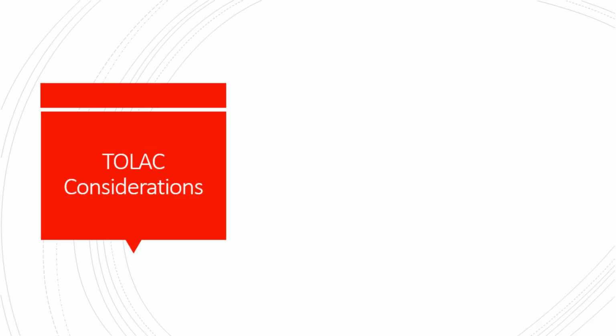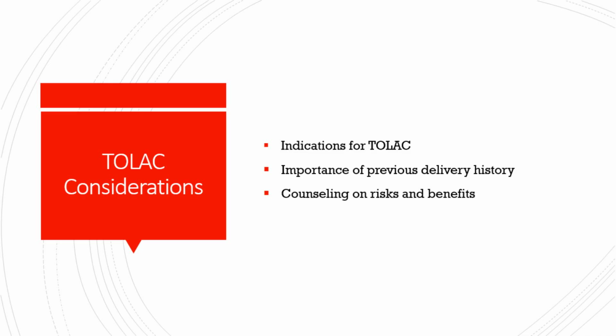TOLAC is generally indicated for women with a singleton pregnancy in the cephalic presentation who had a prior low transverse cesarean section. Any other form of uterine incision, such as a midline uterine incision, is likely a reason to consider a repeat C-section. Counseling is essential to discuss the risks and benefits of attempting a TOLAC versus repeat cesarean.